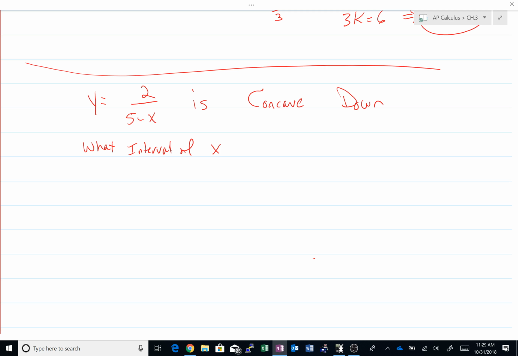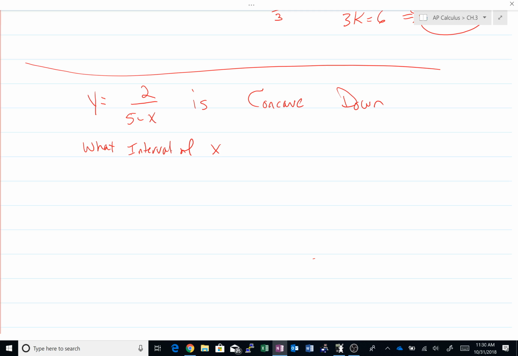You're going to give me a range of x's such that the graph of f is concave down. If we were to curve sketch this thing out, where would it be concave down?